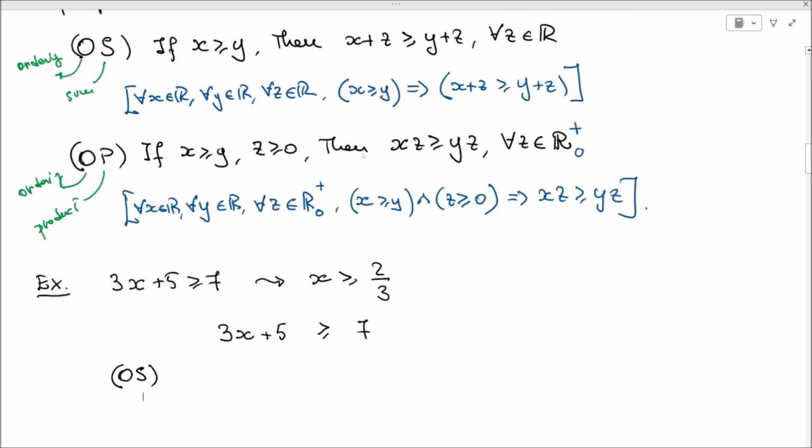Well, in this case we can add on both sides minus 5. We have used now the OS property.